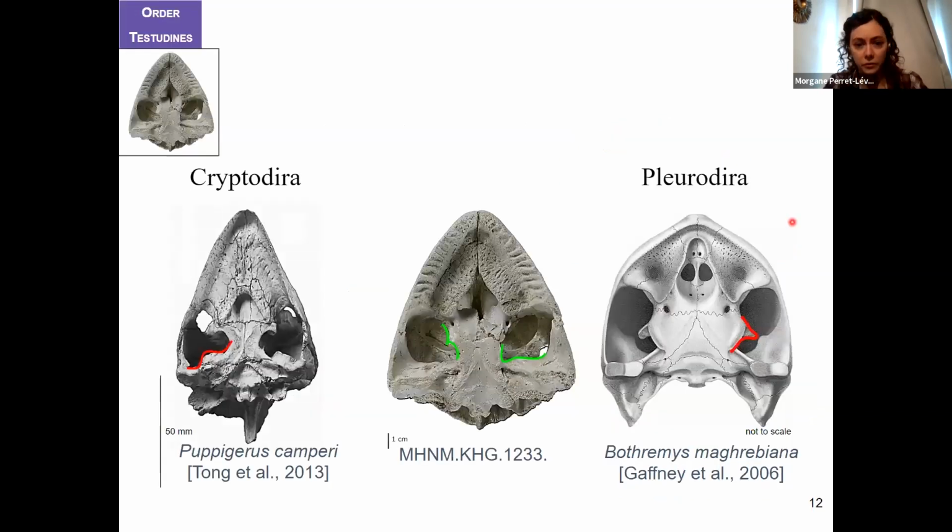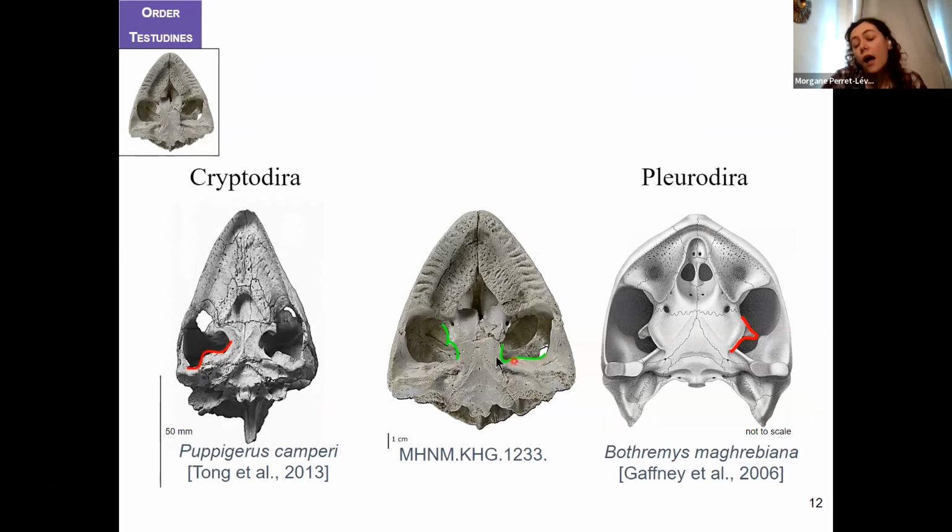As I said before, there is a big difference between Cryptodira and Pleurodira, and that was the big problem in the study: to know if my specimen was a Cryptodira or Pleurodira. As you can see, an example of a Cryptodira shows a real process on the otic region here. I don't have that in the specimen studied.